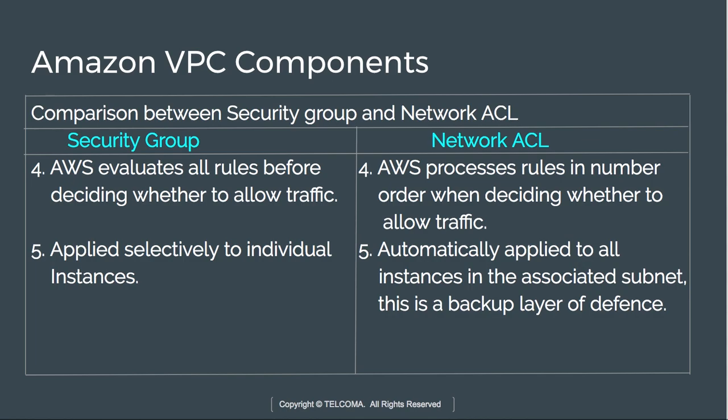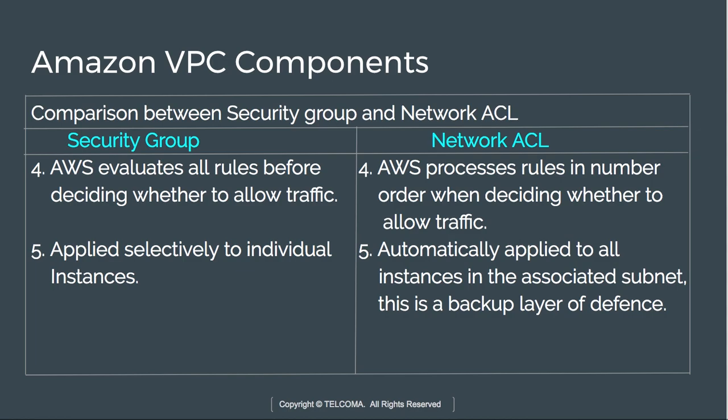In a security group, it evaluates all rules before deciding whether to allow traffic. Whereas in network ACLs, AWS processes rules in numbered order while deciding whether to allow traffic. A security group is applied selectively to the instances.